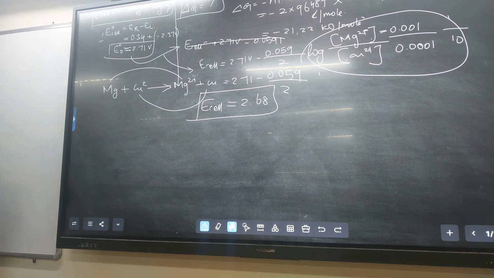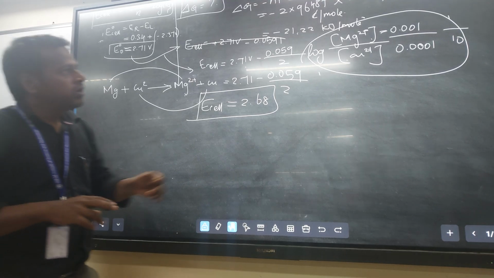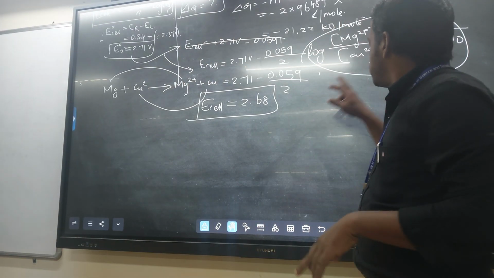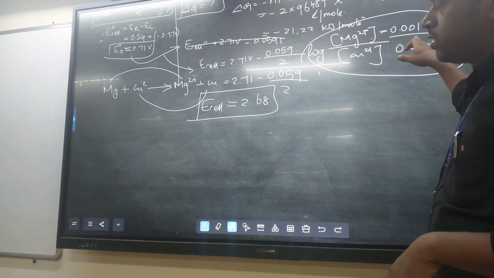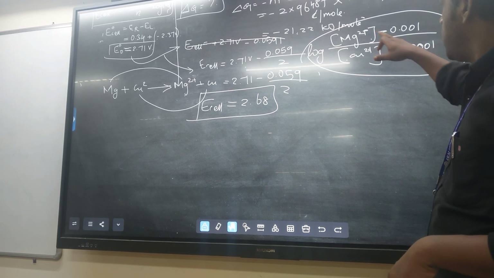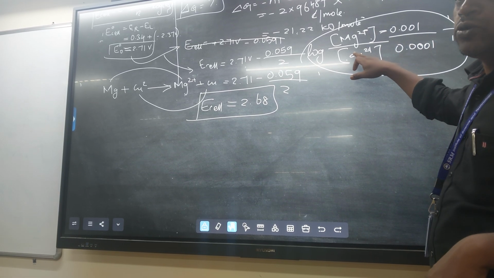Reduction by oxidation. Here, magnesium 2 plus by copper 2 plus.